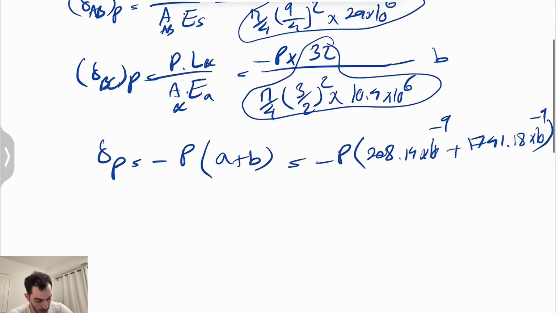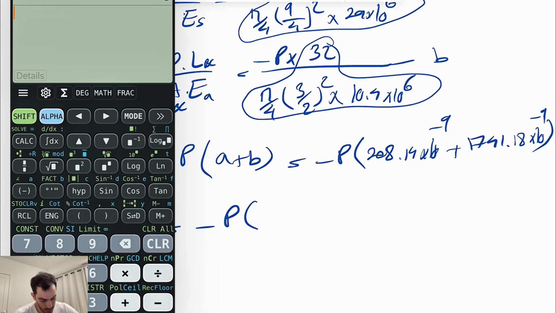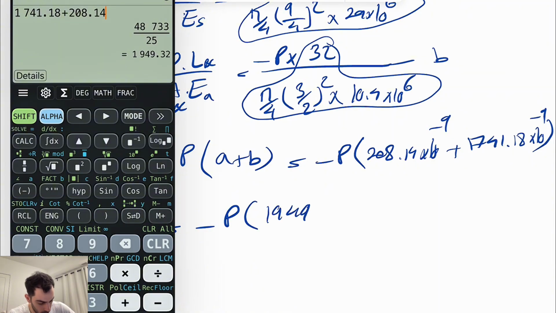And this is going to be our delta P, which is going to be a negative value. So 1741.18 plus 208.14 gives 1949.32 times 10 to the minus 9.